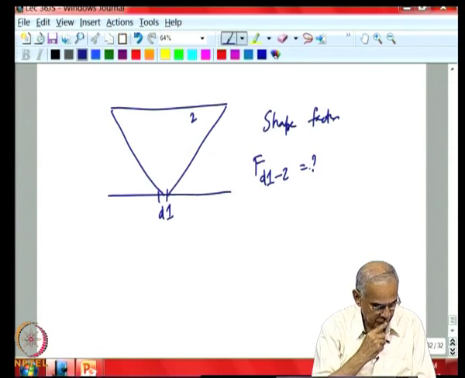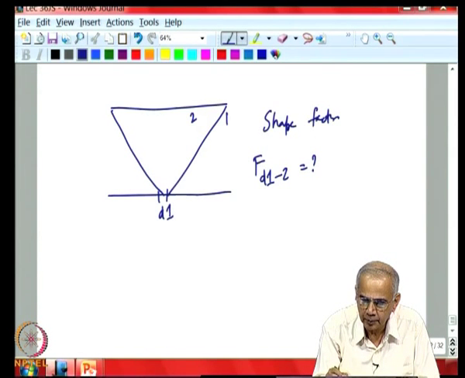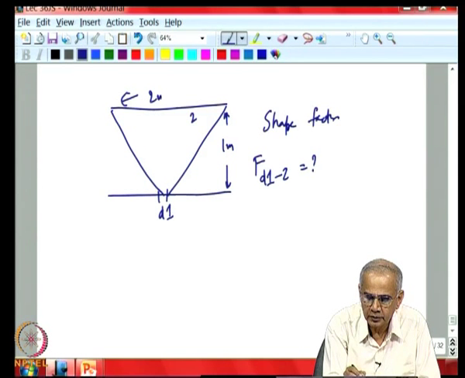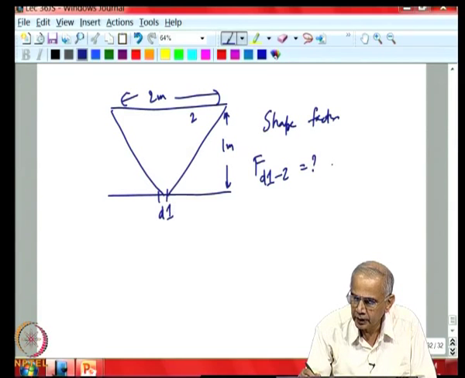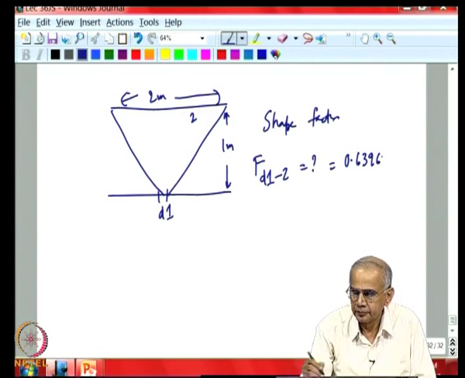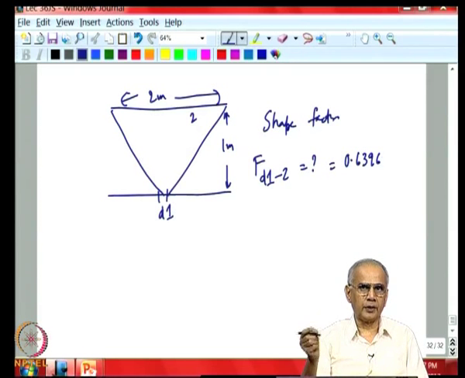Okay. So, for a typical example, let us say this is about 1 meter and this is about 2 meters. This is a very simple problem for which a solution is available, and let us say we know the answer is 0.6396.